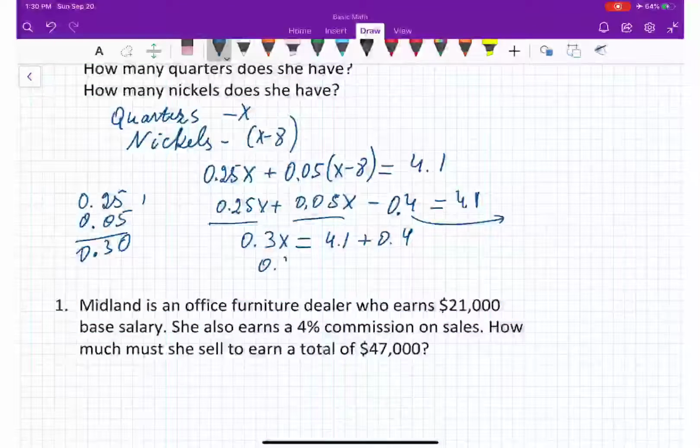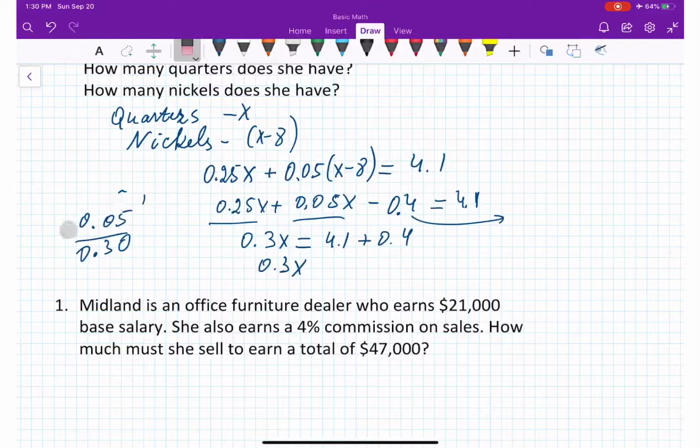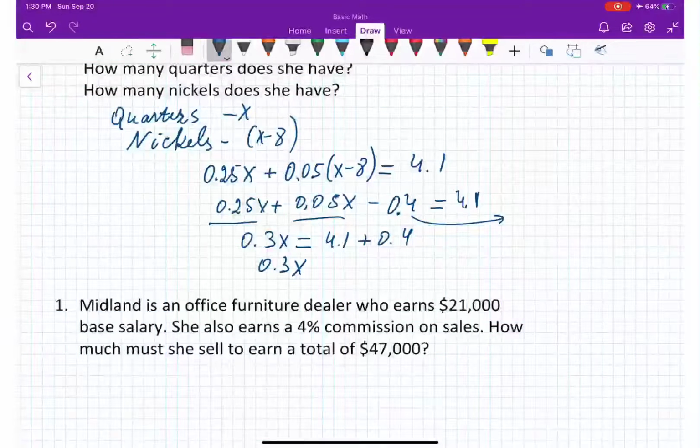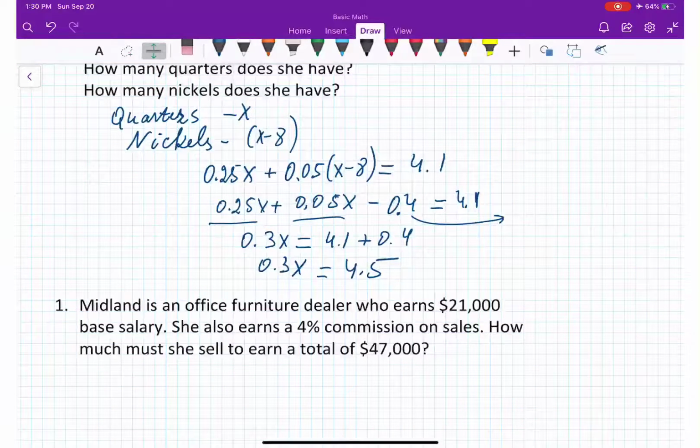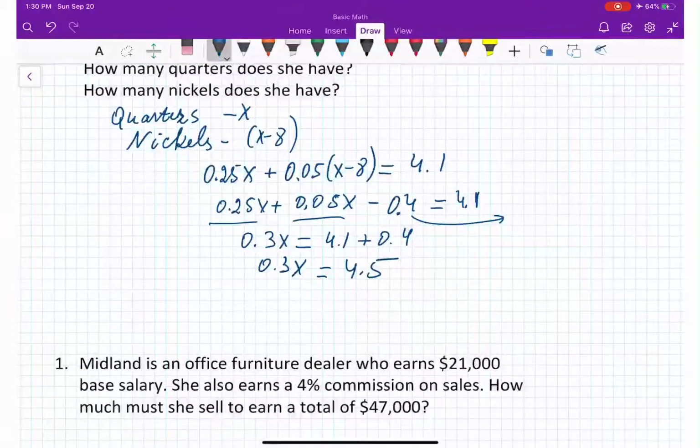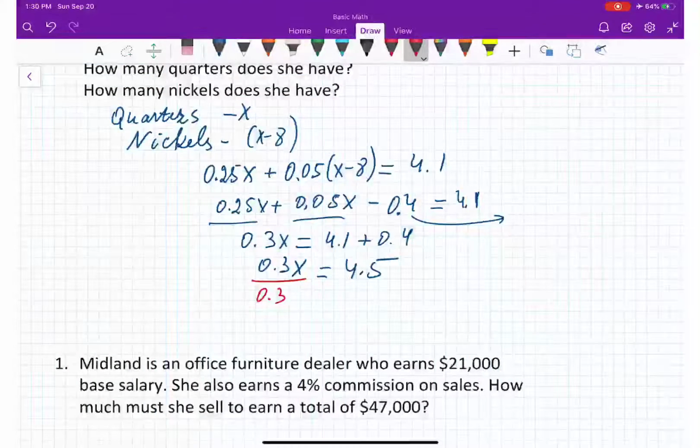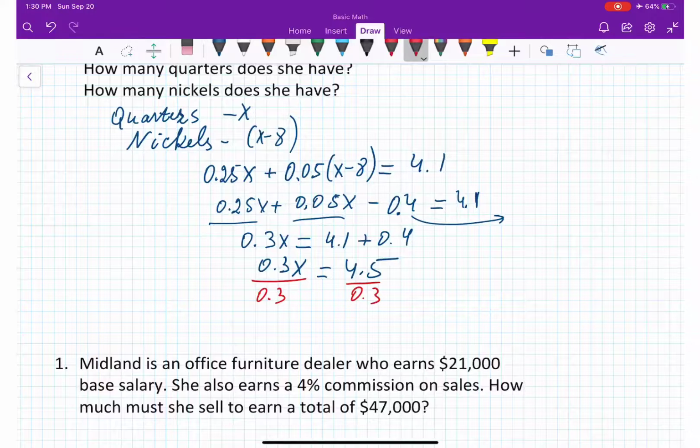So 0.3x is equal to 4.1 plus 0.4, which will be 4.5. Yes? Moving down, so dividing by 0.3, dividing by 0.3.